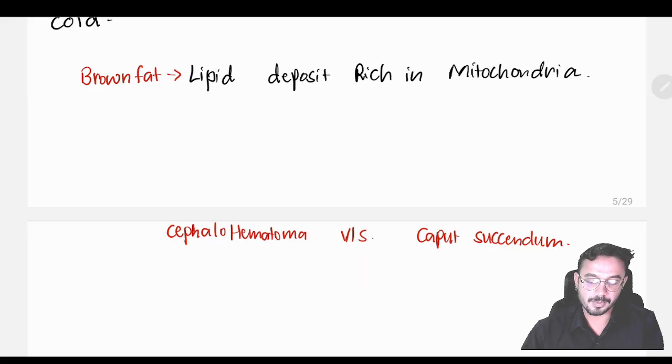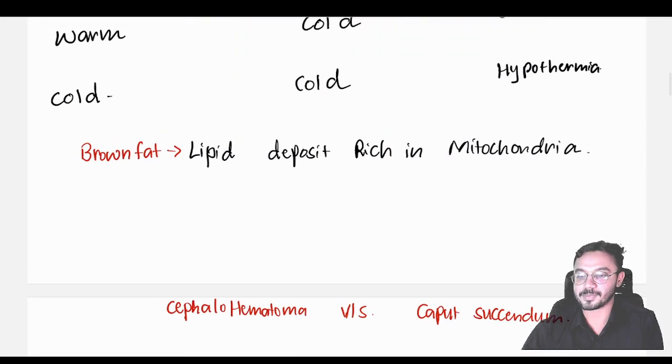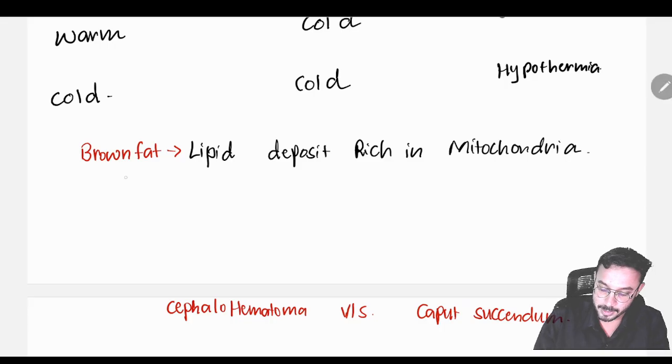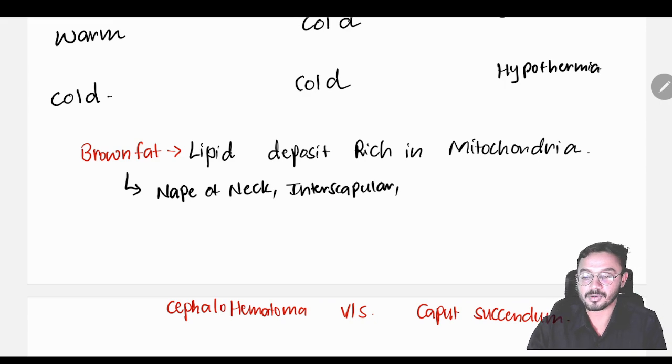So there is brown fat. So what do you mean by this brown fat? Like there are lipid deposits which are rich in mitochondria. So we all know where the brown fat is present. Brown fat is present in the nape of neck, interscapular regions, axilla, and in groin regions, and above your adrenals.